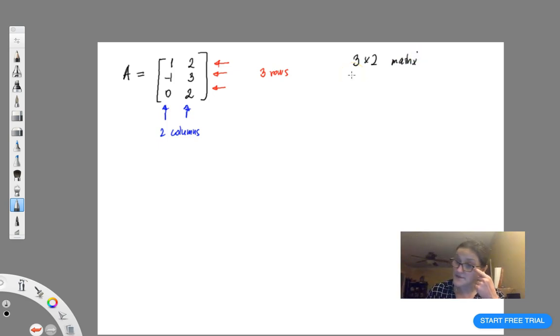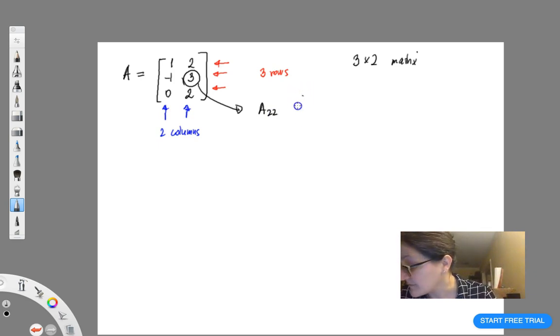So my m is 3 and n is 2. And if I, for instance, identify this element 3 over here, this is my a22 element, or maybe I can refer to it as A22. Typically, it's going to be obvious whether I'm referring to it with the uppercase or the lowercase letter. And for instance, element a32 is equal to 2. Okay?